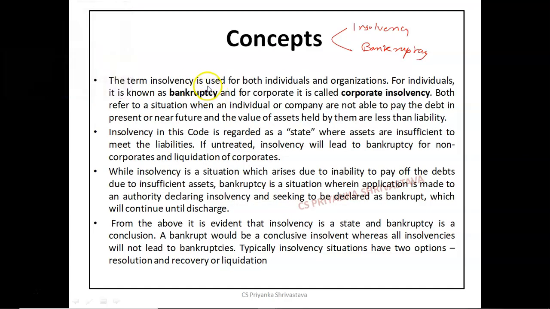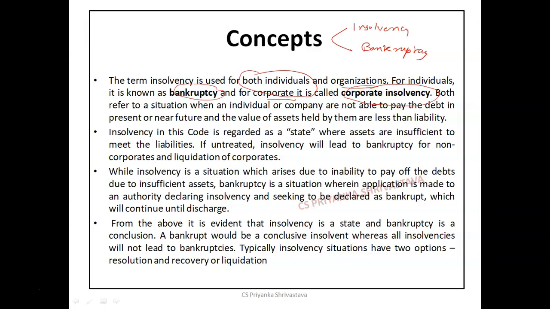It says the term insolvency is used for both individual and organization, that includes company, body corporate, firm. For an individual it is known as bankruptcy, and for a corporate it is called corporate insolvency.